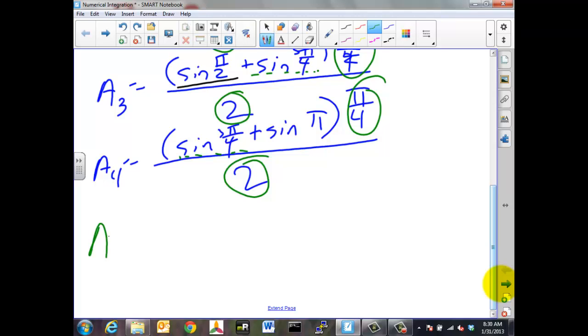Well, we're not going to distribute. Watch what I'm going to do here. Yes, we're going to do some factoring, hopefully, okay? All right, the first one we said was sine 0 plus sine pi over 4 divided by 2, and there's a pi over 4 out here.